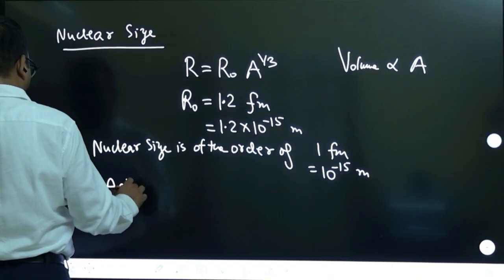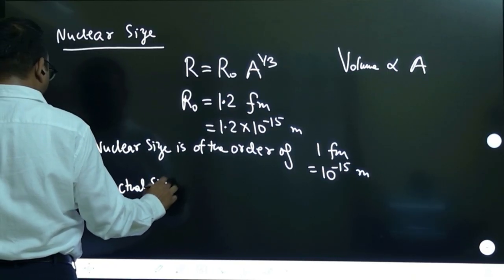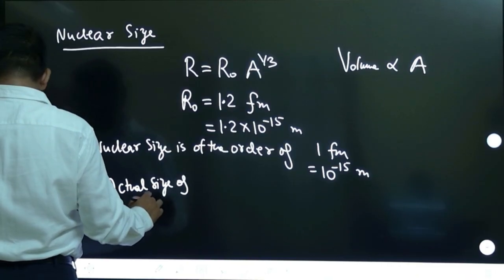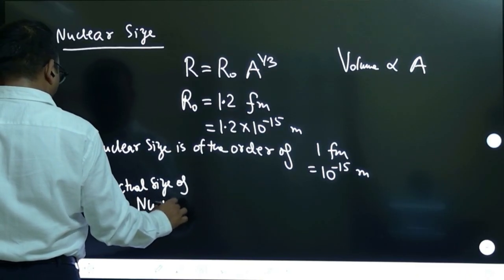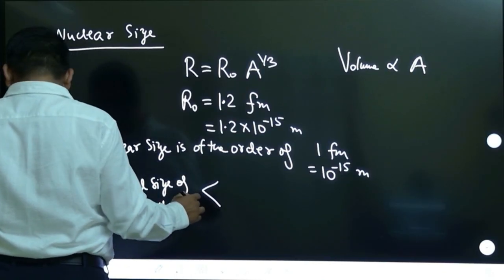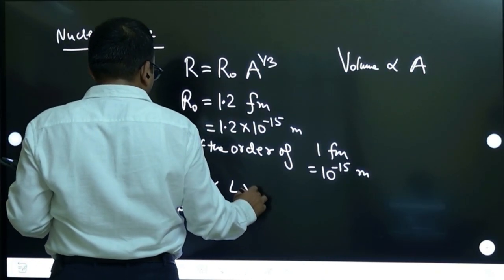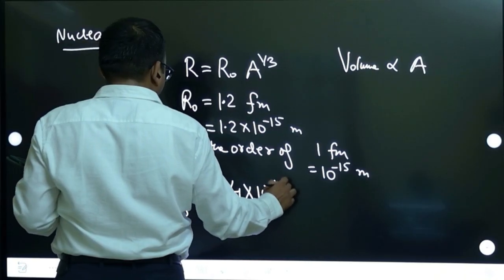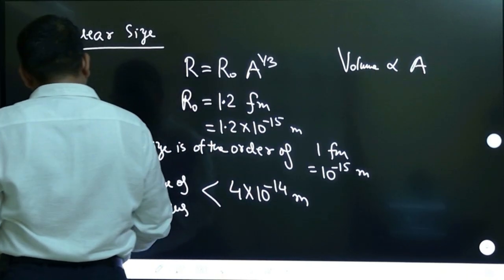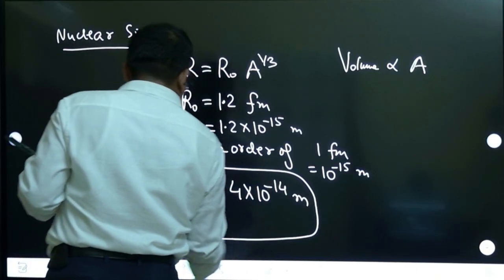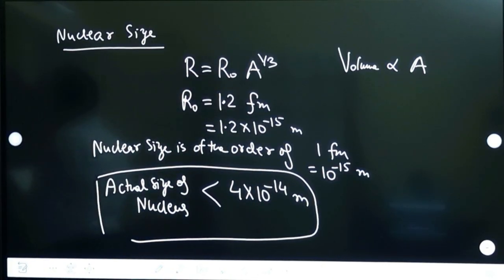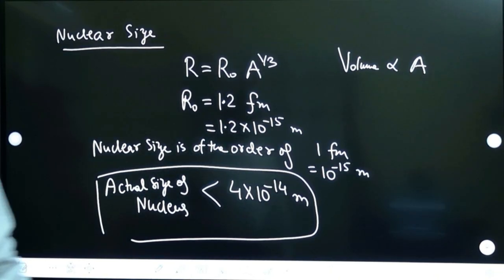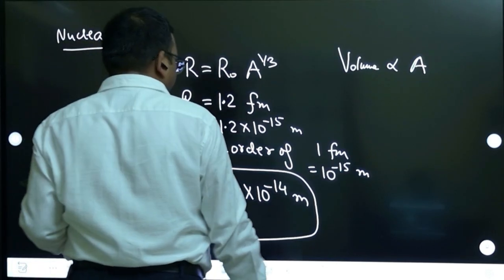Actual size of nucleus is less than 4 into 10 to the power minus 14 meters. This is a rough estimation of the order of the size. Okay. Then what is next?